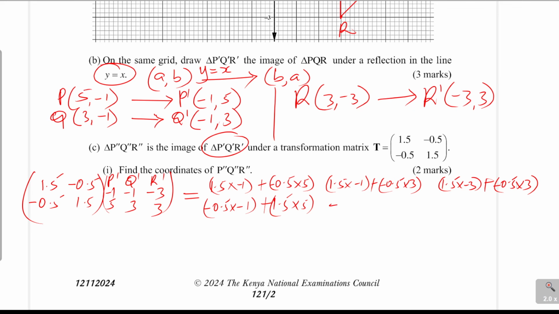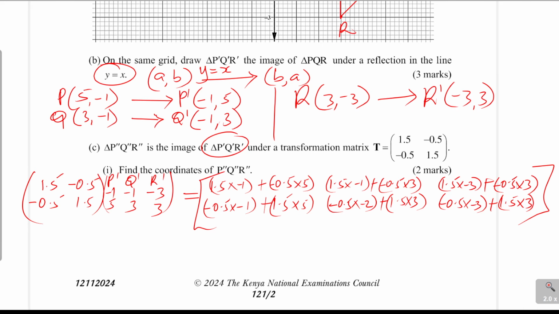Negative 0.5 times negative 1 plus 1.5 times 3. Now the third one, second row, third column. We get negative 0.5 times negative 3 plus 1.5 times 3, like that.